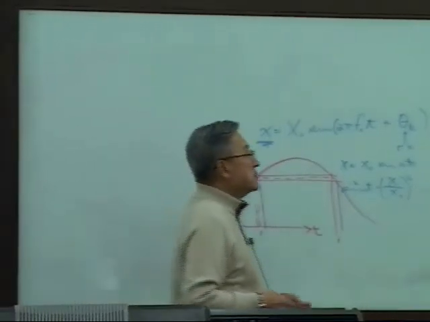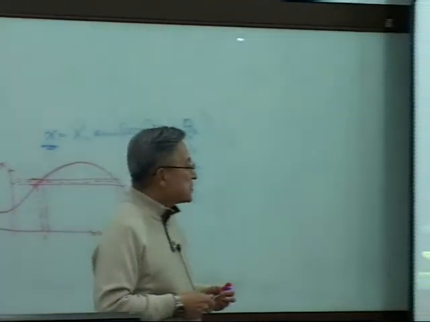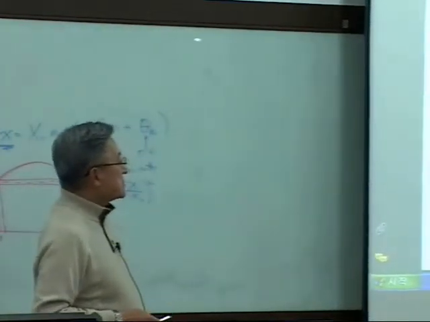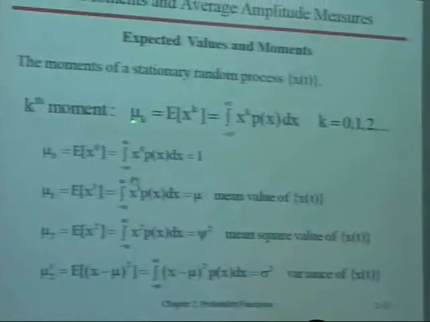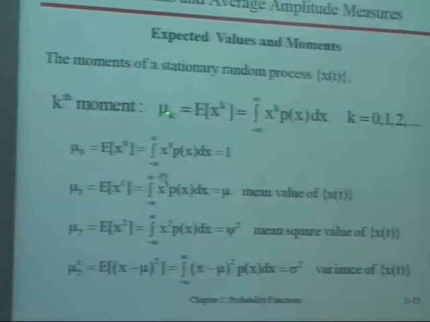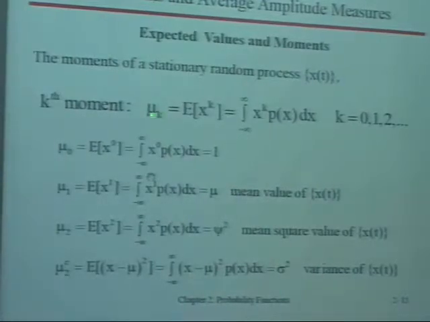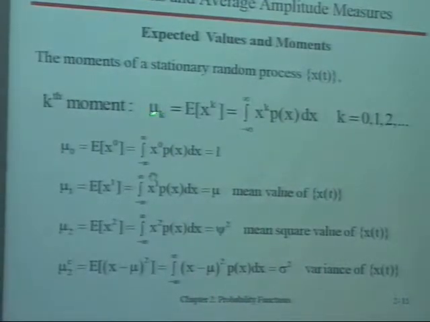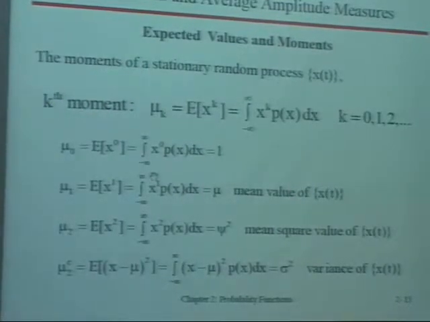But now the moment. We use mu as a mean or expected value, but k we put as a notation. This is a notation saying the kth moment.